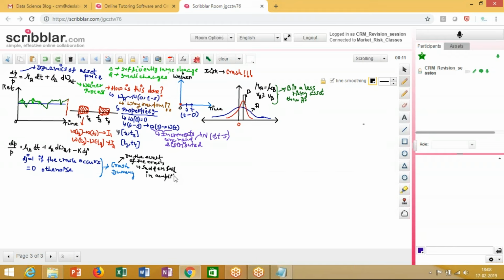This sudden fall is nothing but a discrete fall that we have. So over here what we get to see is the new A. So basically, the risk is introduced through the movement.